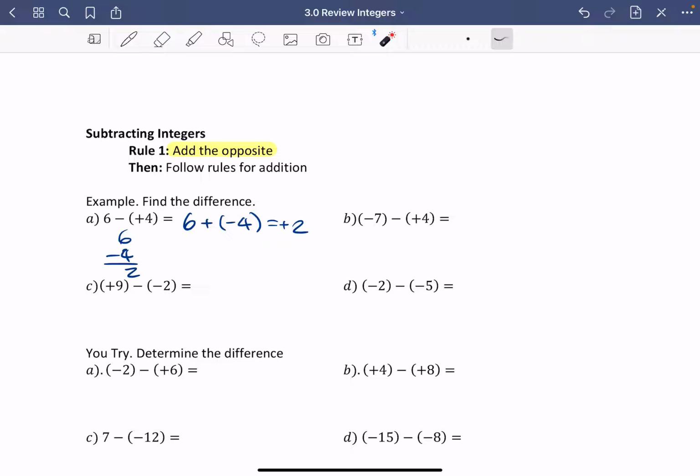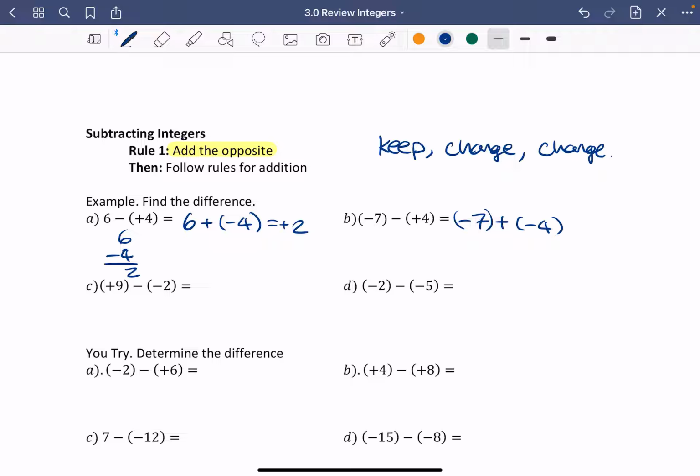So let's look at the second one. Again, we're going to keep, let's write that down, keep, change the sign, and change the number of the second one. So keep the first number, -7, change the operation to positive, and then change the second number to the opposite, so -4.